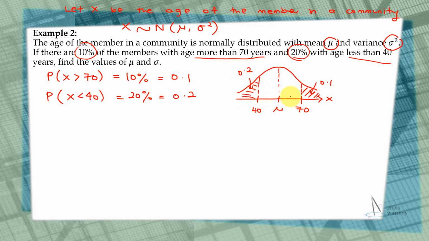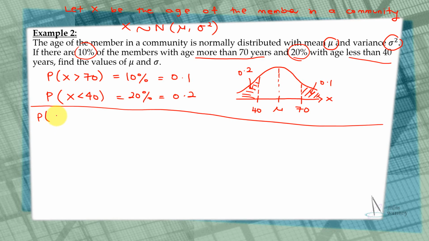If 40 is over here, less than means we take everything on the left hand side. Therefore, if 40 is here, the probability should be more than 50%. Now let us standardize everything and use the table.